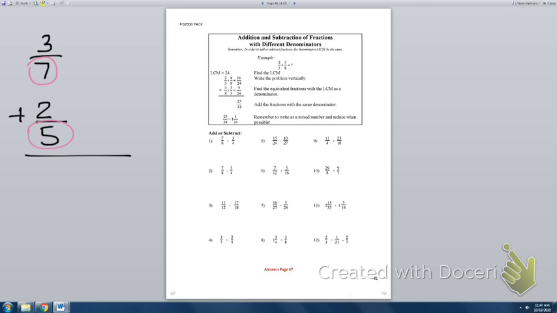I certainly can't divide the smaller number 5 into 7 evenly, so that first method is out. So I would use the second method. I would multiply the two together. And if you actually would do your multiples, you would find out that that's going to be your LCD. That will be your lowest common denominator. And 7 times 5 is 35.